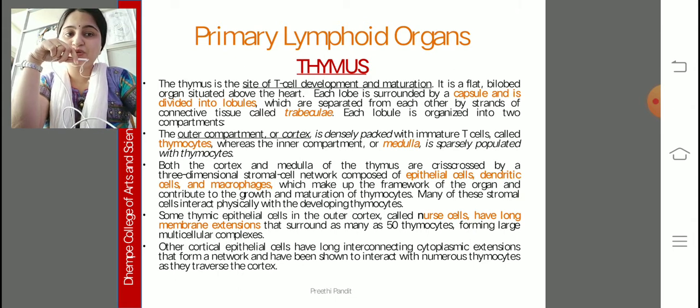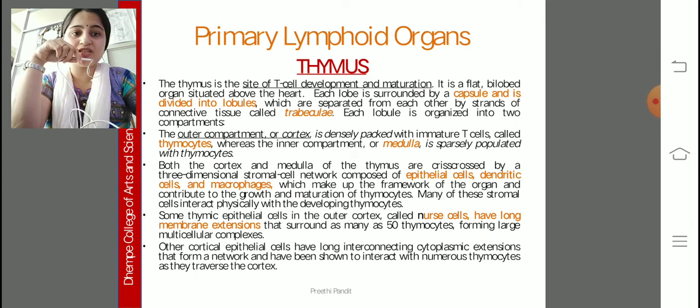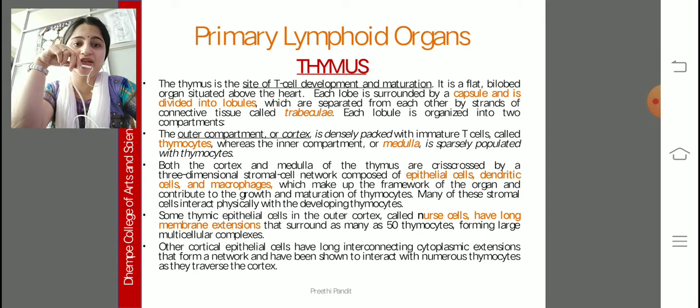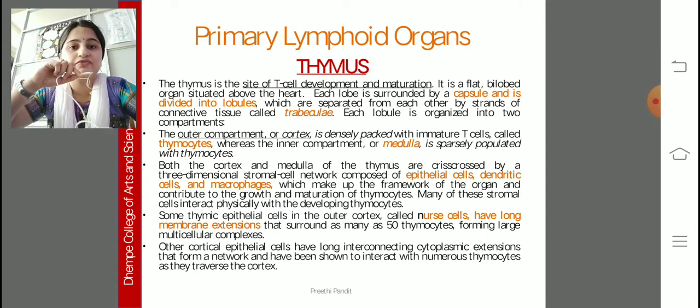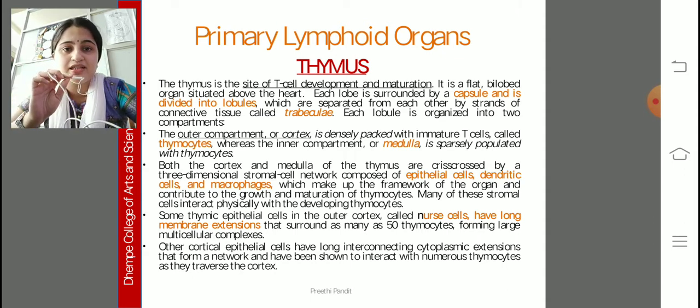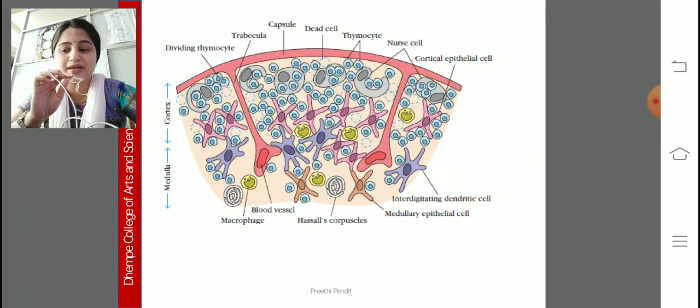They are divided into two compartments. The outer compartment is known as the cortex, which is packed with T cells known as thymocytes. The inner compartment is the medulla, which is much less populated with thymocytes. Both the cortex and the medulla are crisscrossed by a three-dimensional stromal network composed of epithelial cells, dendritic cells, and macrophages.